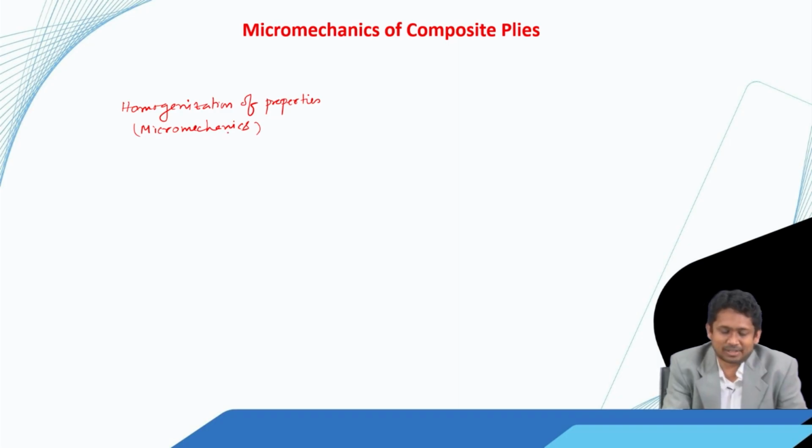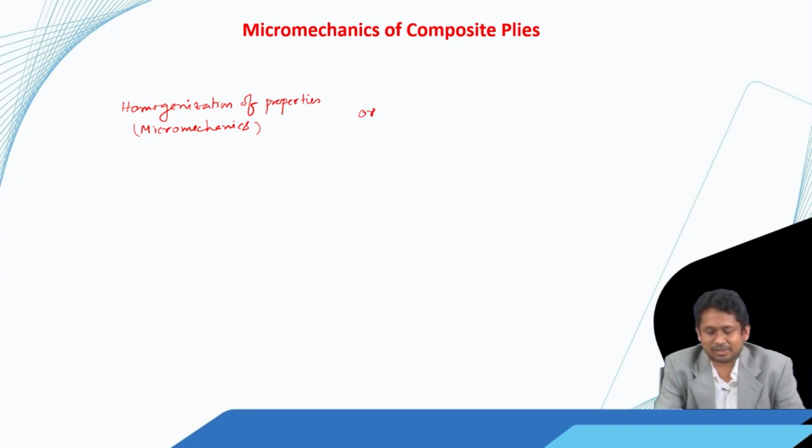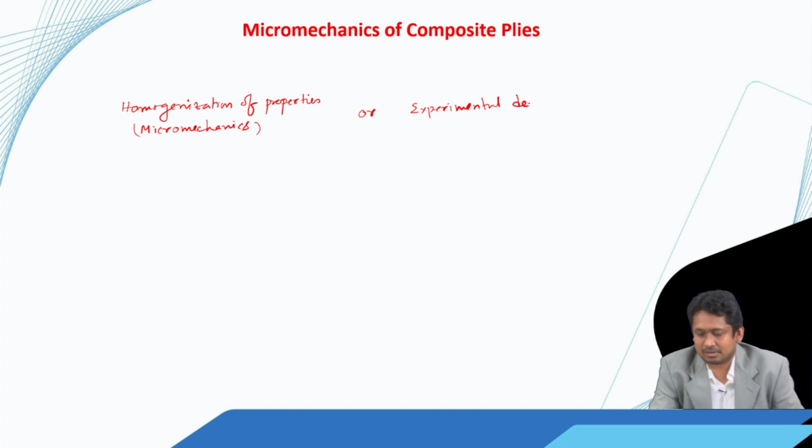Now, we can get the homogenized properties by homogenization through micromechanics, or we can directly get the homogenized properties by experiments also. So, experimental determination of homogenized properties.